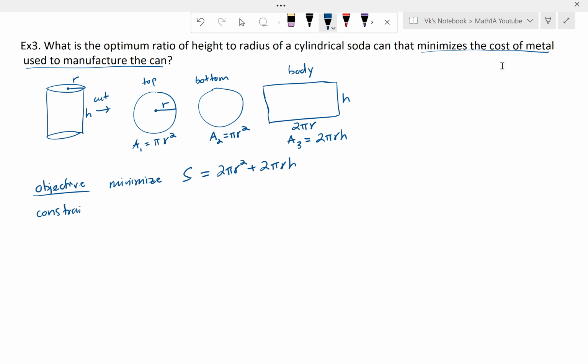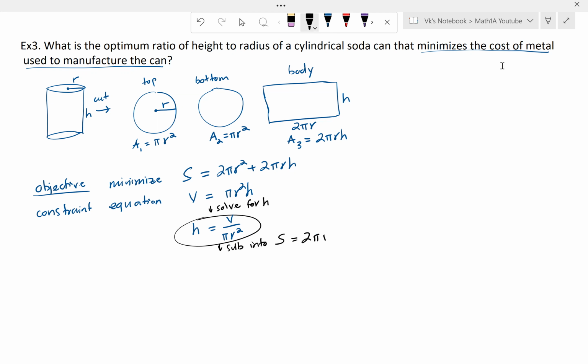Constraint equation is the volume, and that is pi r square h. Here it would be best to solve for h. H is v over pi r square, right? And we're gonna sub it into the surface area function. 2 pi r square plus 2 pi r h.